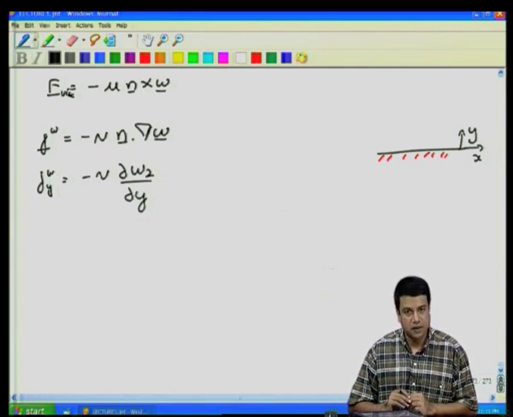Turns out you can write an expression for this vorticity flux from the momentum conservation equation, which was expressed in terms of the vorticity itself.